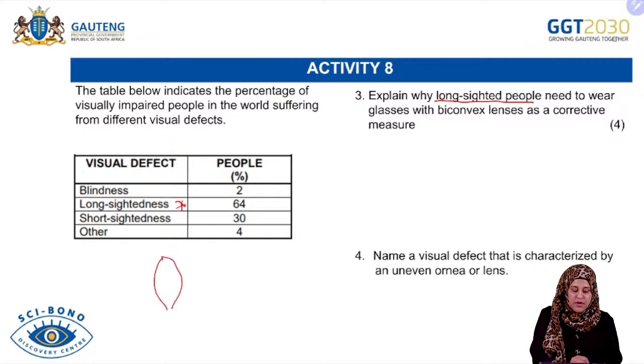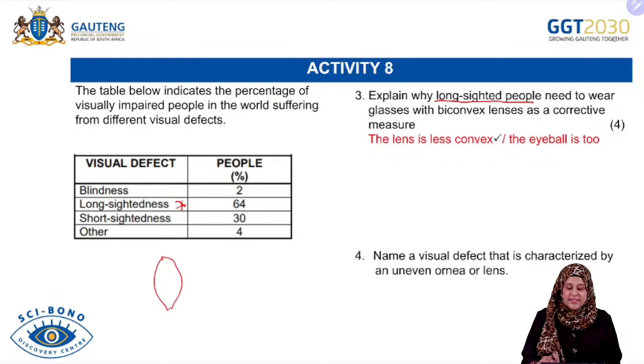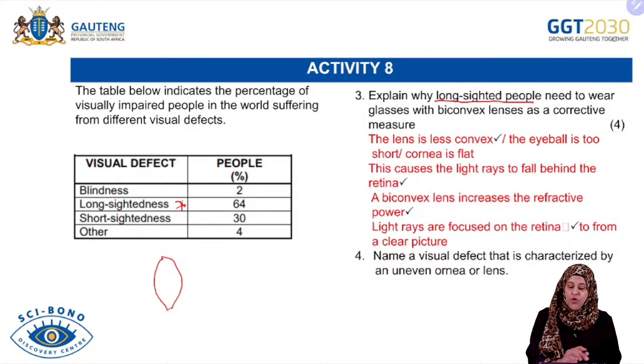Even the Cybono logo at the bottom here is showing you an eye, okay? Right, so the lens is less convex, right? The eyeball is too short or the cornea may be flattened, and this causes light rays to fall behind the retina. And that's why a convex lens is needed to increase the refractive power of the lens to make the light fall onto the retina to form a clear picture.